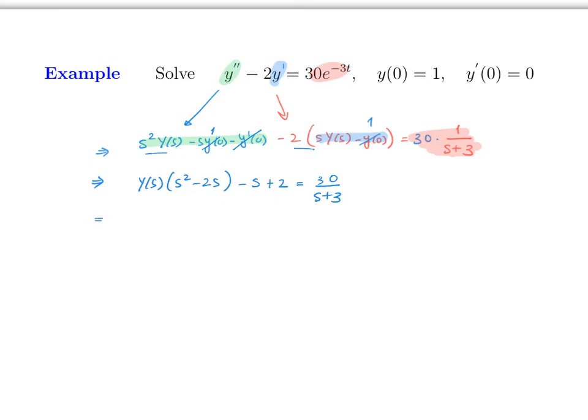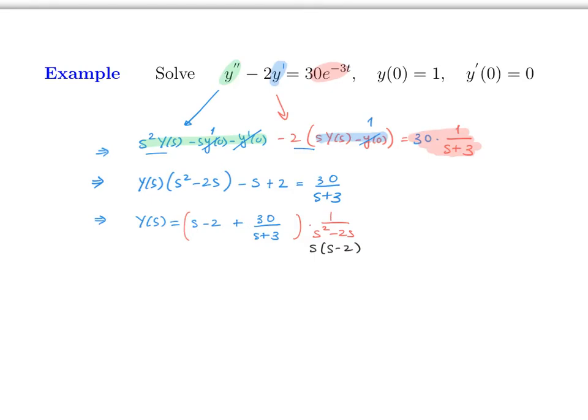Then if we solve for y of s, we will have s minus 2 plus 30 over s plus 3, everything divided by s squared minus 2s. Now notice that this is the same thing as s times s minus 2.